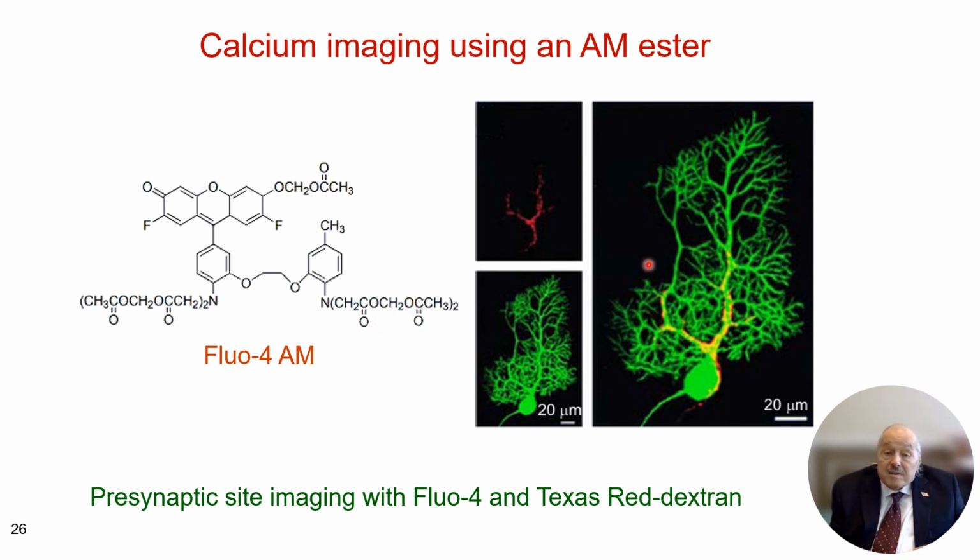And an example of its application is doing a neuron where you put in the acetoxymethyl ester, it gets trapped, and then it's seen throughout the neuron as needed. And I don't know why that other dextran-labeled rhodamine is in the picture, but the important thing is they're membrane permeant, and you can wash away anything that's outside the cell.